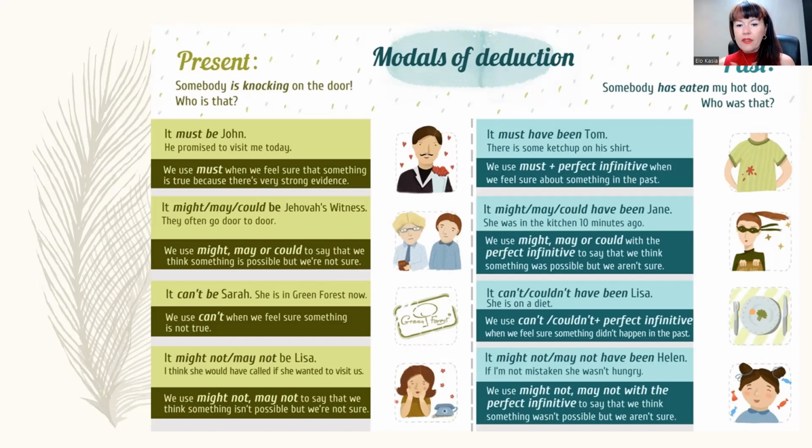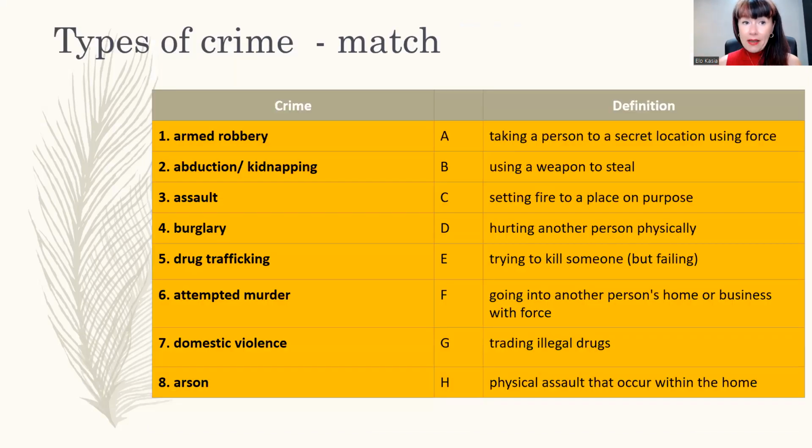So we are sure about that. And then finally, it might not have been Helen. If I'm not mistaken, she wasn't hungry. So we use might not and may not to say that we think something wasn't possible, but we aren't sure. I think that's quite a good explanation, a good comparison of the two ways we use modals of deduction in the present and in the past.